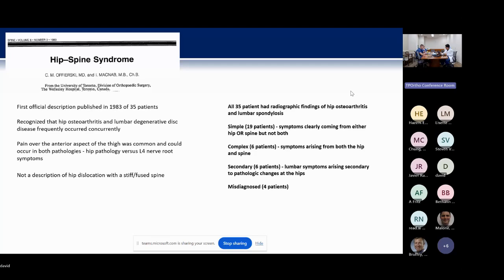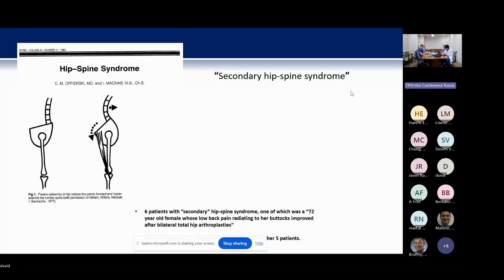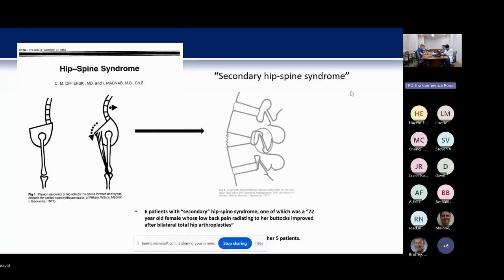And then they named this secondary classification, which essentially has to do with either the low back or the hip compensating for pain from the other source. So this secondary source was evaluated: if you have hyperlordosis to compensate, do you get facet pain?